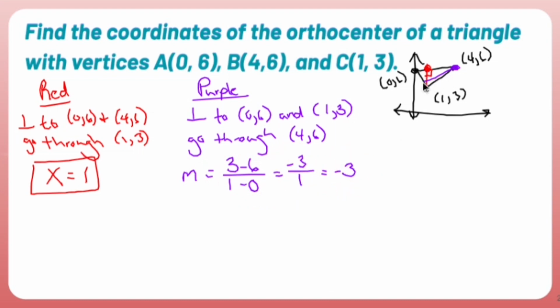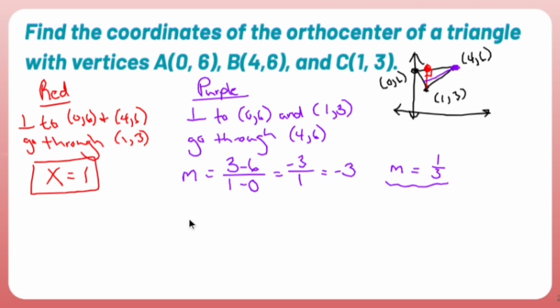Now that is the slope of this line right here, which looks pretty accurate. So the slope that I want is perpendicular to negative 3. Something that's perpendicular to negative 3 is going to be the opposite reciprocal of negative 3, which means we take that 3, we make it 1/3, and make the opposite of negative, which is positive. So the slope that I want is 1/3.